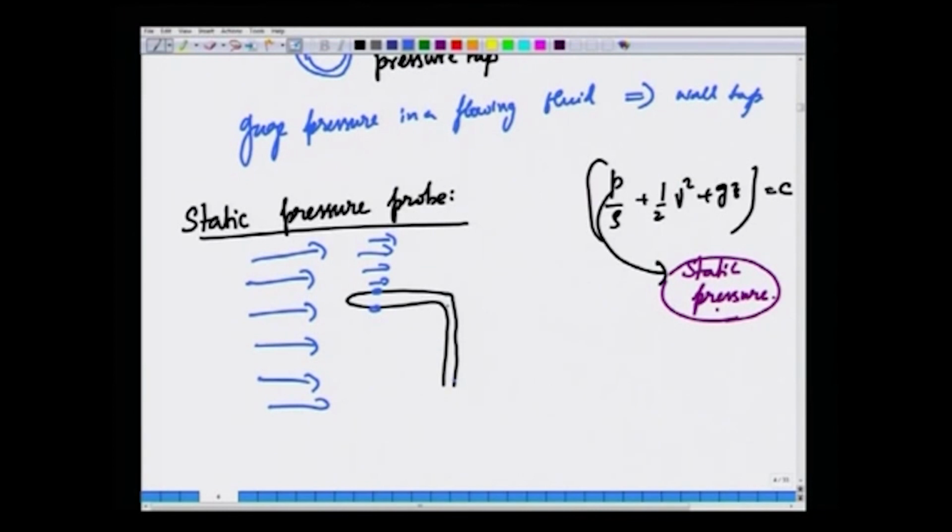If it is connected to a manometer, you will be able to measure the pressure present inside a flowing fluid, which is also called the static pressure. The key thing is to align this in the flow direction. This must be aligned in the flow direction.